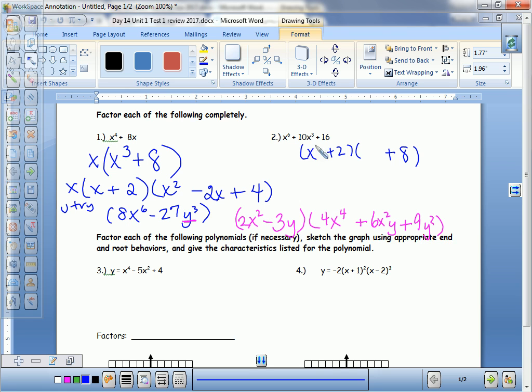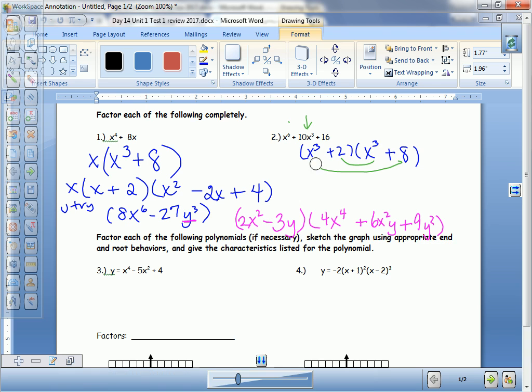But it has to be x cubed, because when we multiply this and this, when we add them together, we have to get a 10x cubed. So this middle term tells us about what those variables have to be. Those variables have to be raised to the third power. Now, if we check, all this works, because x cubed times x cubed is x to the 6th, 8x cubed plus 2x cubed is the 10x cubed, and 8 times 2 is 16.